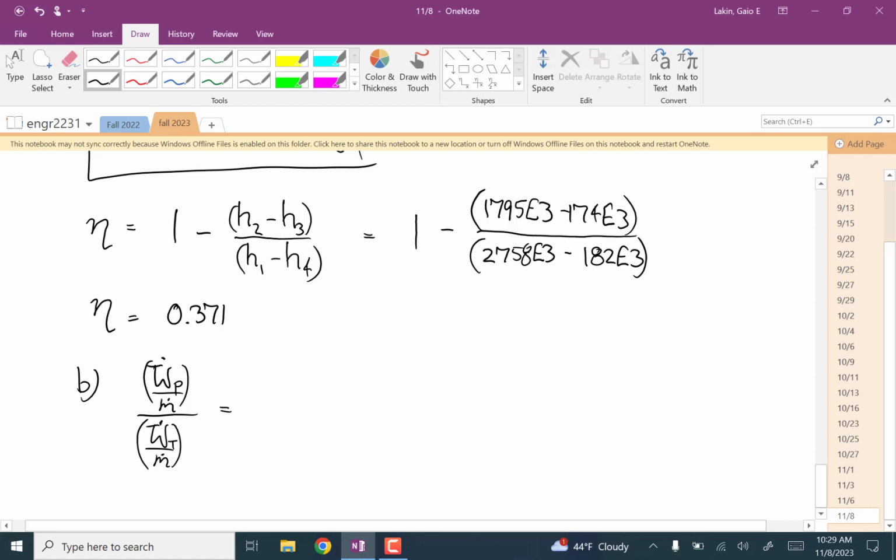And if you go back to our definitions of the different stages, for the pump, it's H4 minus H3. For the turbine, it's H1 minus H2.